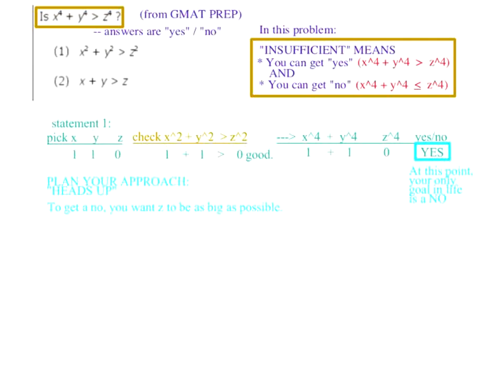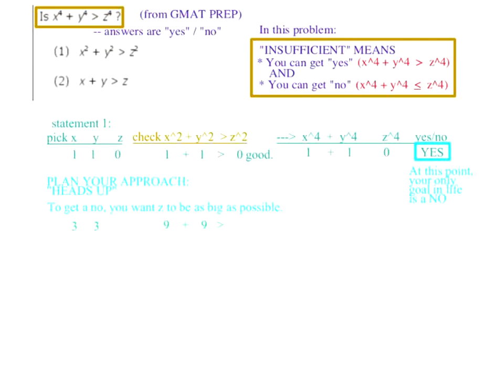So let's take a look at what we can do there. Let's try random x's and y's. Let's say that x and y are 3 and 3. Who knows why? Then this would be 9 plus 9 in our checkpoint here. So as long as z squared clocks in under 18, then we're good.